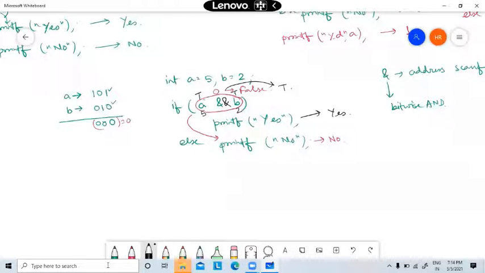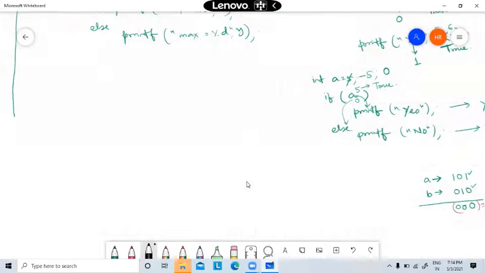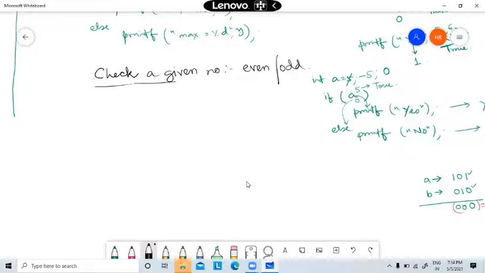Now bitwise AND is very interesting. Why? Suppose I ask you to check whether a given number is even or odd.